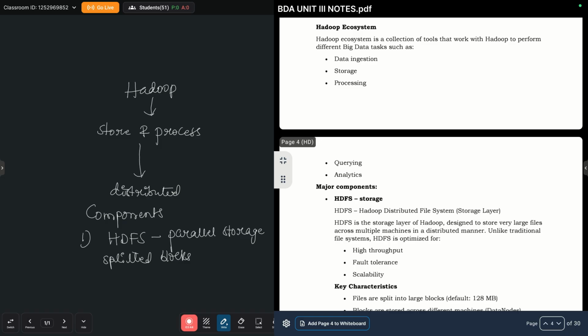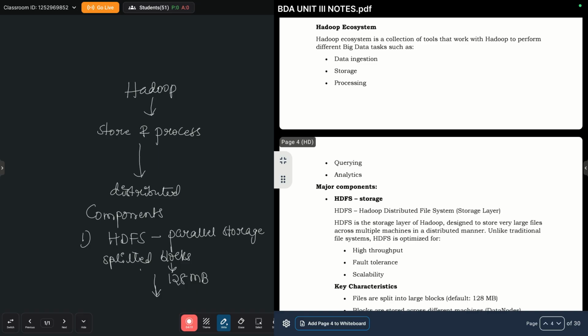What is the size of the block? By default the size of the block is 128 MB. The input file is split into blocks, and these blocks are stored across a cluster of computers.